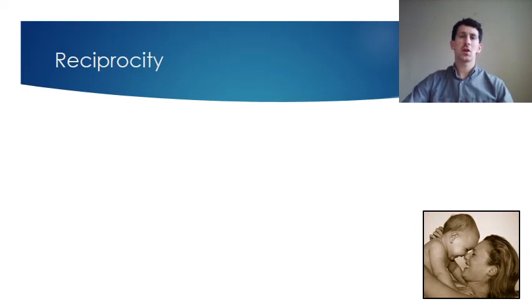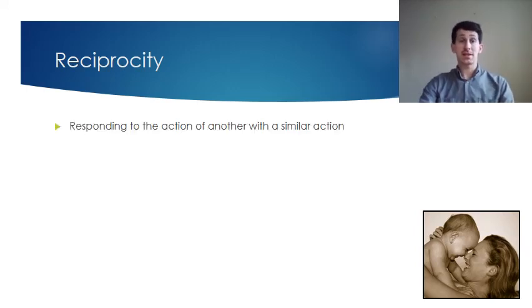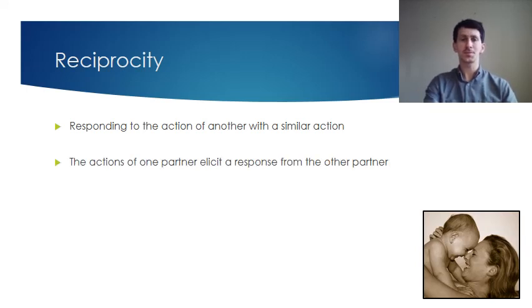So the first principle we're going to look at is this idea of reciprocity. And this is basically when a mother or an infant respond to an action of the other one, okay, with a very similar action. So it might be that one day maybe the infant brings about an action, and that brings about a response from the mother. Or the mother brings about an action which brings about a response in the child.